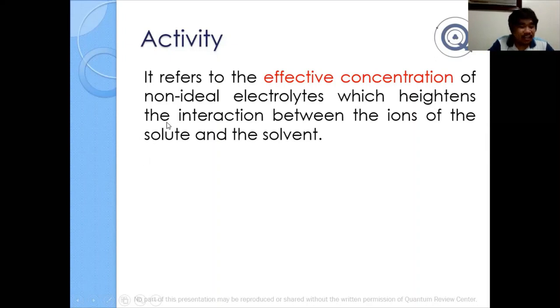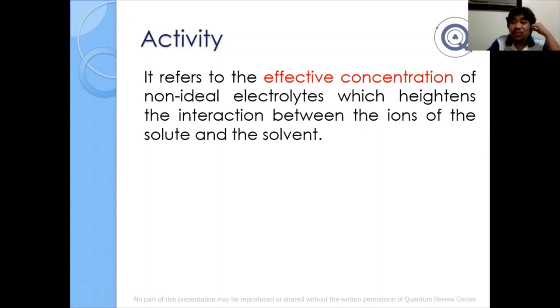I had discussed this earlier. When you say heightened, there is a strong interaction between the solute and the solvent particles. Like with non-ideal gases, when the interaction becomes significant, you can no longer call it pressure, but more appropriately fugacity or effective pressure.